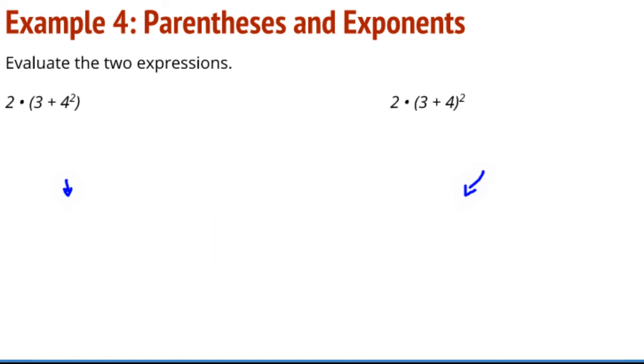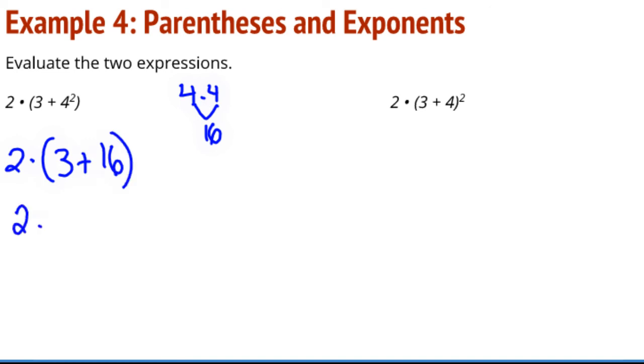And then go ahead and evaluate the 2 expressions following the order of operations. So times 3 and 4 times 4 will give me a 16. 2 times 19, which will yield a 38. Over here, I'm supposed to perform the operation inside parentheses first.